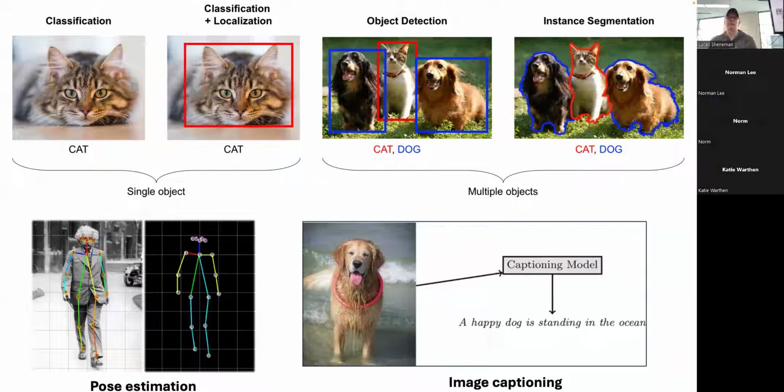You can do object detection where there might be multiple objects in a scene and you want to be able to detect all of those discrete objects and then assign some sort of label to them, like this is a cat, this is a dog, right? So you're doing that sort of localization and classification, but you're doing it in multiple instances in the same photo. And then instance segmentation, which is you go beyond the bounding box and you actually find the contours of the edges of the object itself within the image.